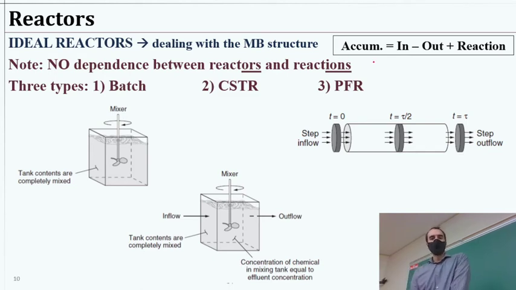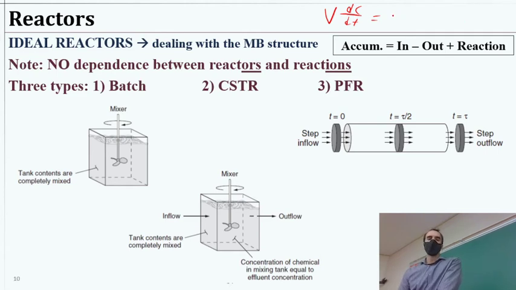What I want to highlight is the accumulation. Again, we're coming back to the mass balance principles here. We're going to say that there's some accumulation, maybe this is dC/dt, in some volume. And that's going to be equal to the input rate minus the output rate plus whatever reaction rates we might have.